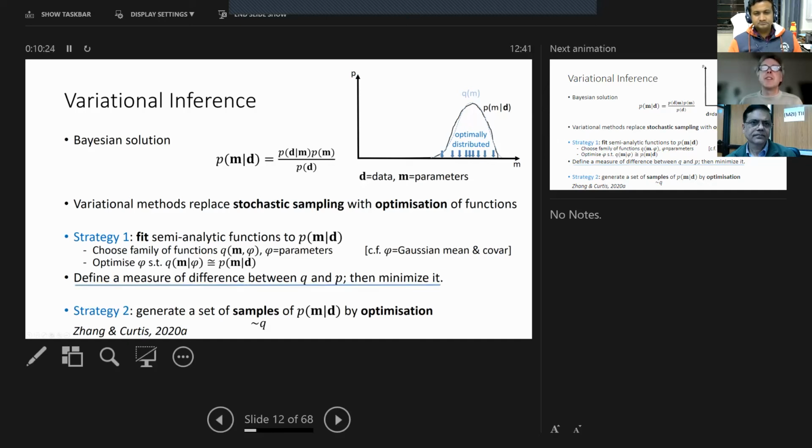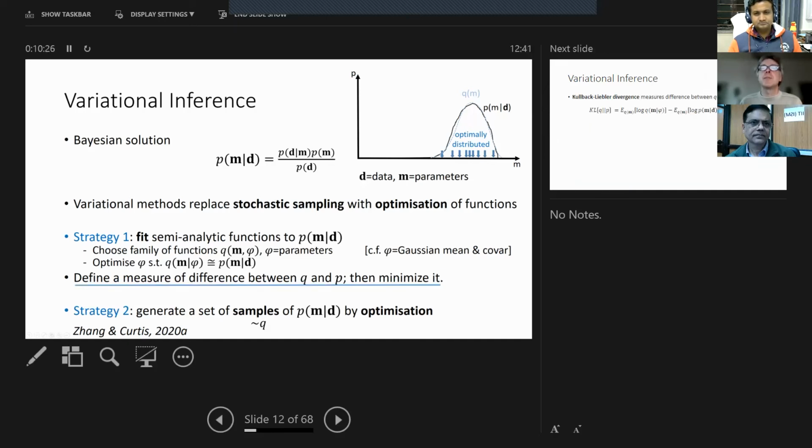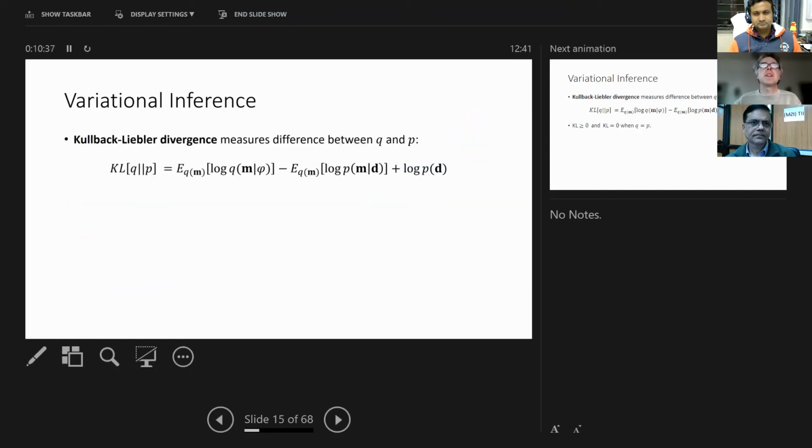And in both of these strategies, what we need to do is to define this measure of difference between Q and P and then minimize it. The particular measure of difference we use in these variational methods is called the Kullback-Leibler divergence, and it measures the difference between any two distributions. It looks a bit complicated.